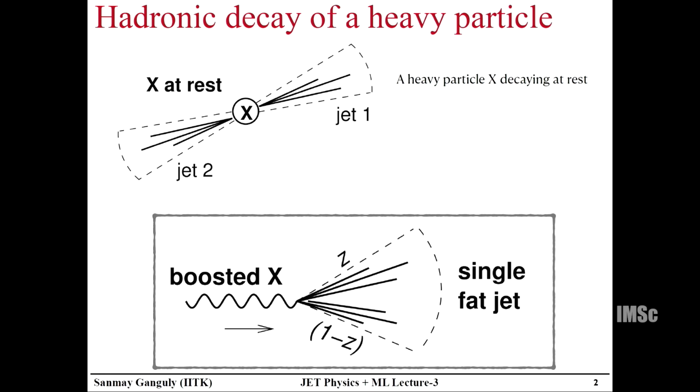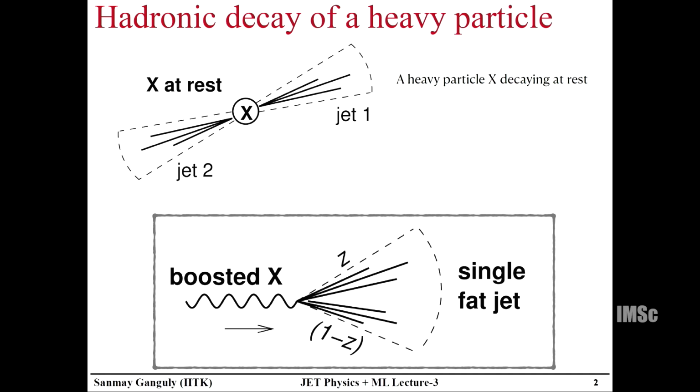Now, of course, after so many QCD lectures, I hope you are convinced that the decay we really care about is this QCD fragmentation. If the hadrons coming out of the heavy particle decay are used to construct a jet, probably those particles will be confined within some angle rather than forming two individual jets. We will elaborate this point a bit more.